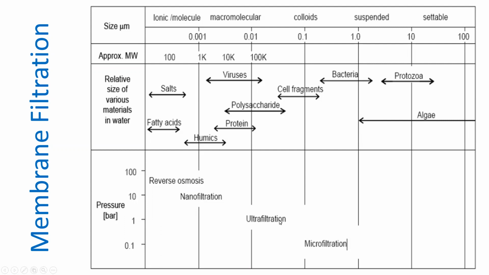Around 1 bar is required for ultrafiltration, and nanofiltration and reverse osmosis require 10 times and 100 times of that. So for these technologies to work, we need a pump to generate the pressure, otherwise it will not work. Or else you need to keep the water overhead at some height so that it generates the pressure required.